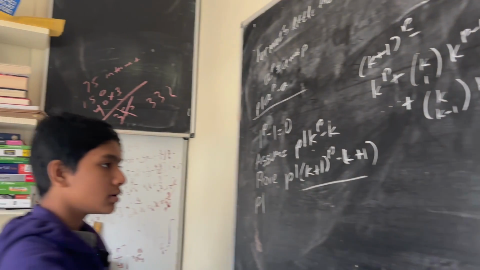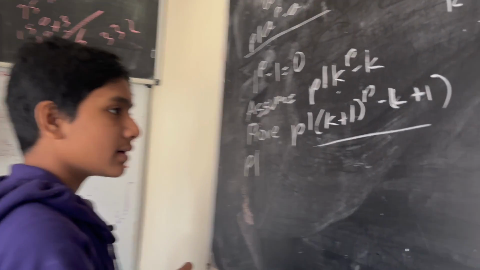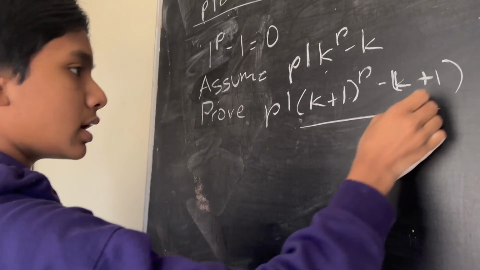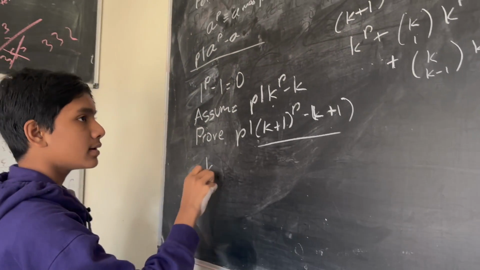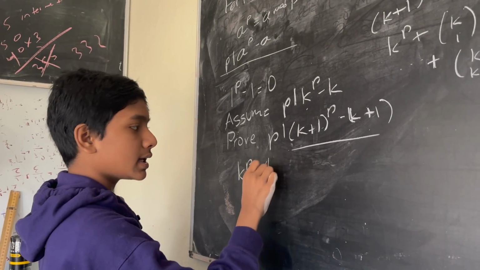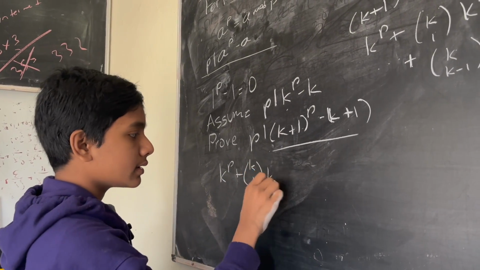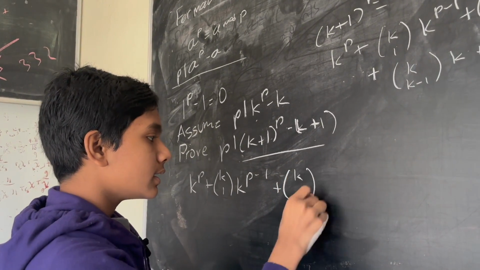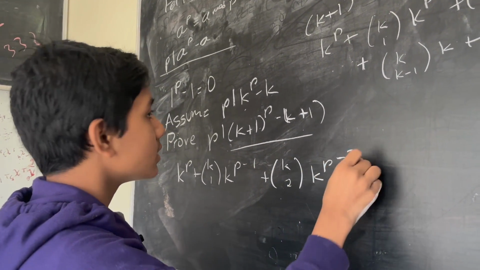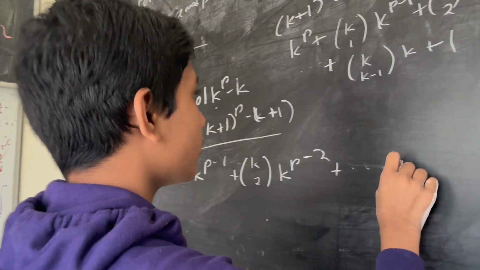So now what happens if we subtract k plus 1? So we get k to the p plus k to the p minus 1 plus k to the p minus 2, and so on and so forth.